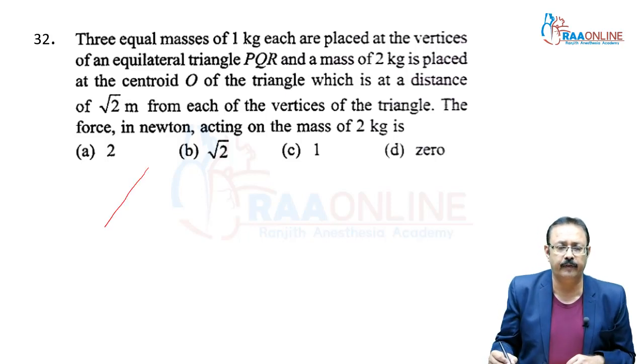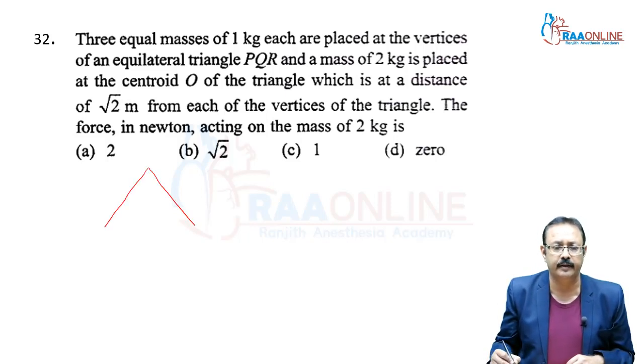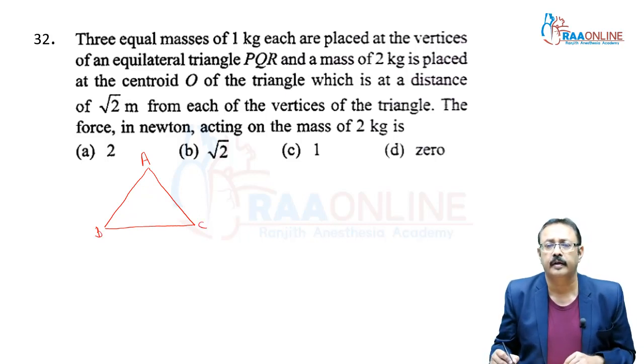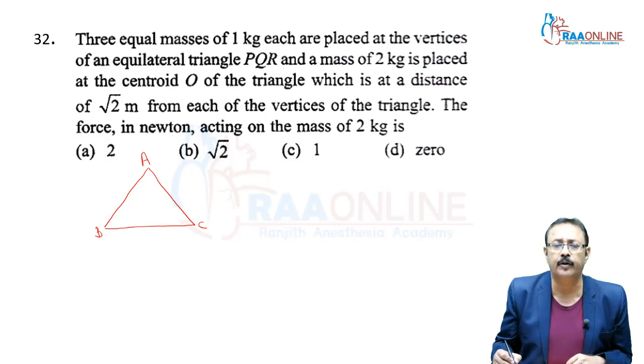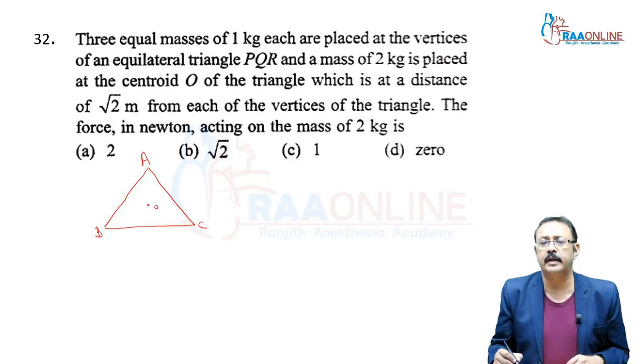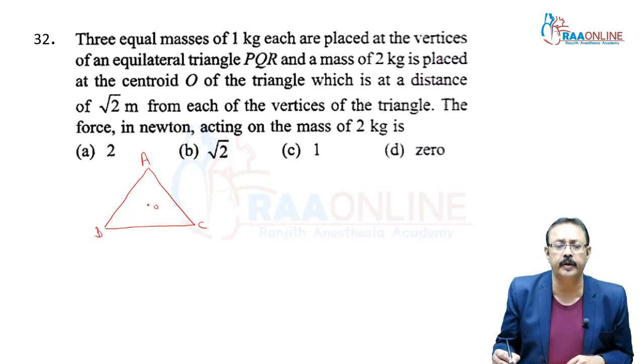We have one equilateral triangle ABC, with centroid O, which is at a distance of root 2 from each vertex.